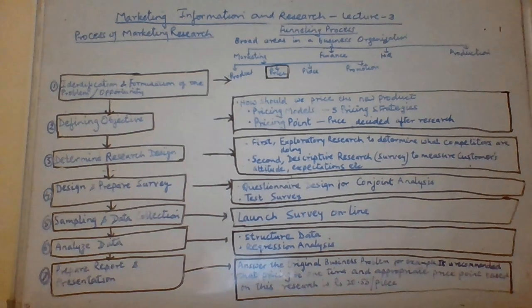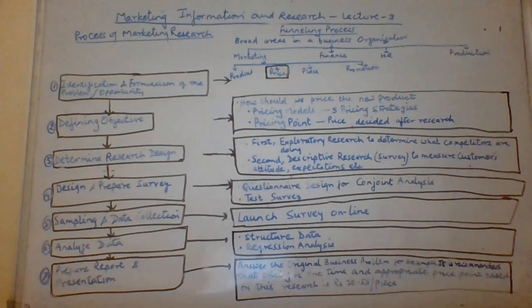So, in the funneling process, we know that the broad areas in a business organization consist of four major departments: marketing, finance, HR, and production.